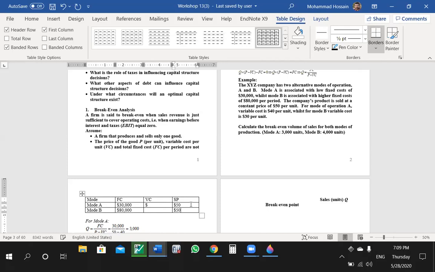Both items are selling at $50. What about the variable cost? For mode of operation A, variable cost is 40, B is 30. So this is 40 and this is 30. This is the information we have here.